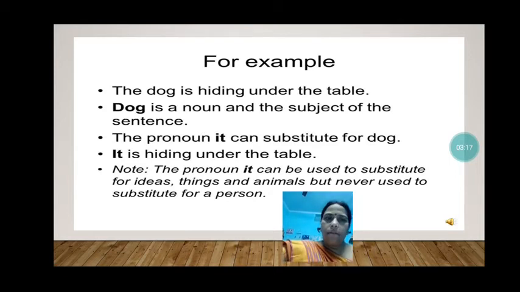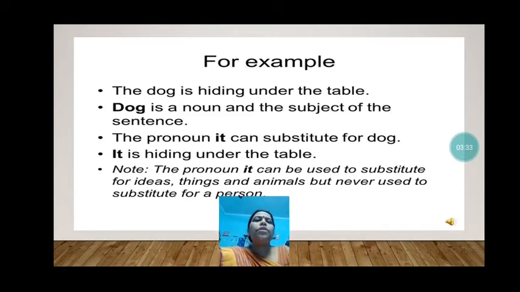So instead of a dog, we can use the pronoun it. So, it is hiding under the table. Instead of writing the dog is hiding under the table, we have used it is hiding under the table.